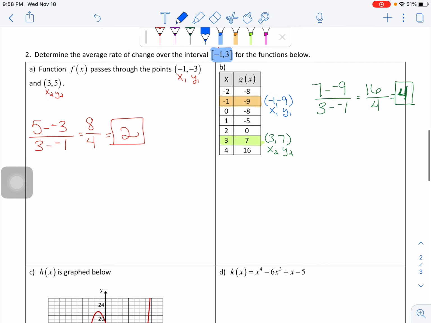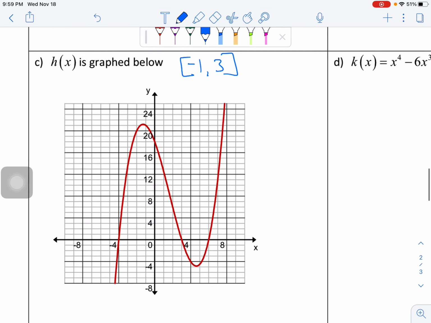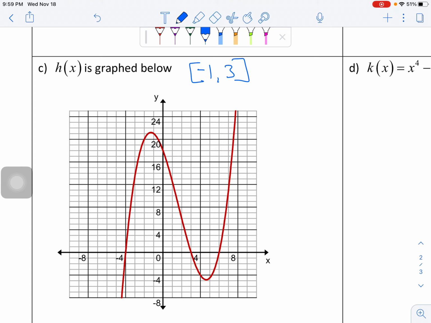All right. So I'm going to slide on down to part C, and I'm going to remind myself what my interval is before I go all the way down and I can't see that anymore. So for part C, we've got this graph, and we're looking for our interval from -1 to 3.